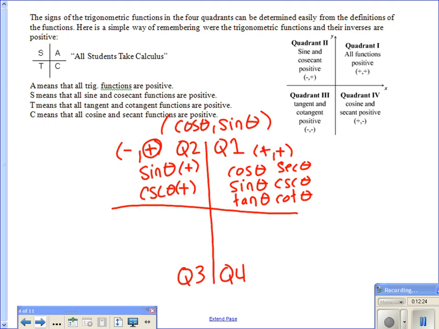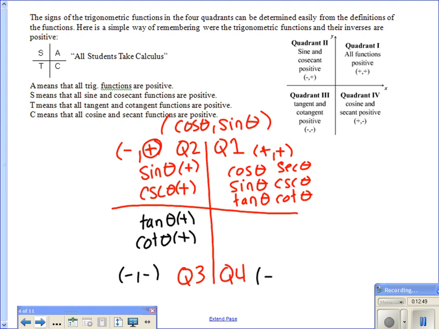Now in quadrant 3, we have negative x and negative y. So cosine is negative and sine is a negative trig ratio, but sine over cosine for tangent and cotangent would be positive. So here we know that tangent of theta is a positive trig ratio, and cotangent of theta is a positive trig ratio.